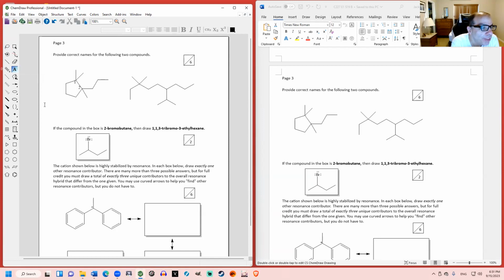So I think the best name would be 1,1,2-trimethyl-2-propylcyclopentane. I think that's the best name. Again, the methyl groups take priority over the propyl group because they come first in the alphabet.